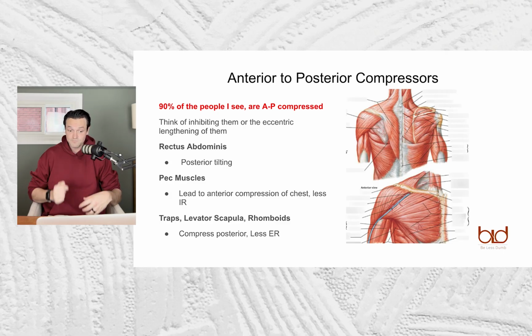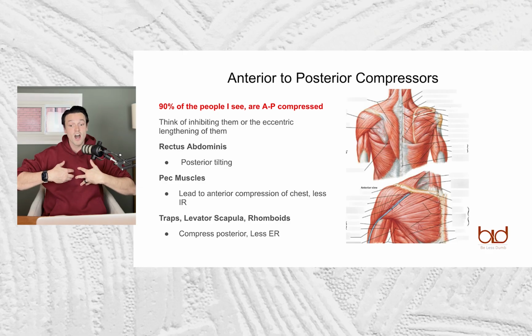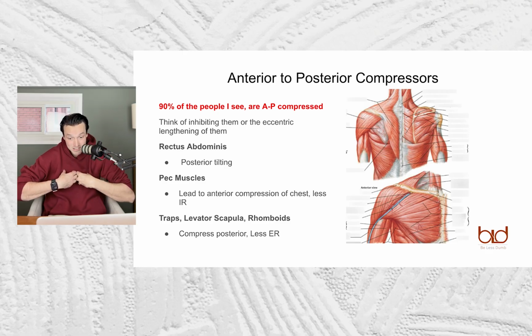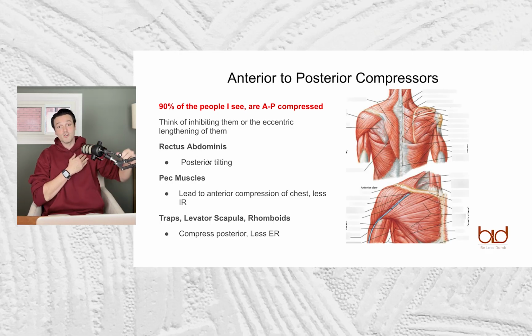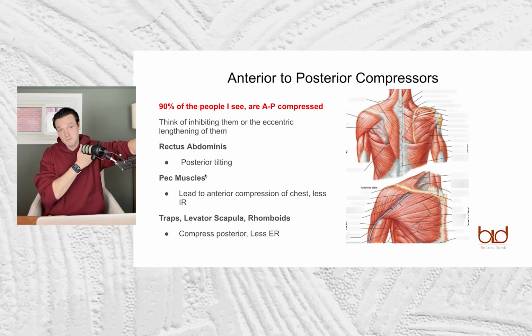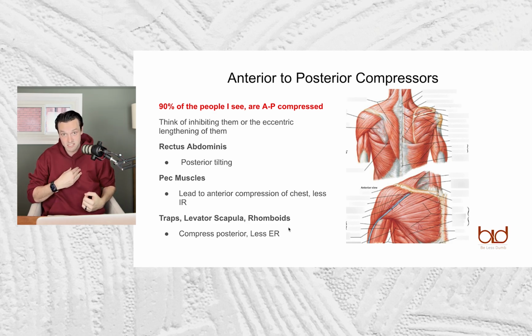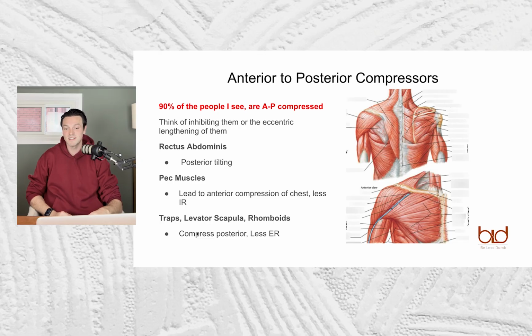Secondly, then, we have our pec muscles that we talked about earlier. Obviously, if they're compressed, they'll lead to anterior compression of our chest, bringing us inwards. And then that will, as we know from this distance between our sternum and our shoulder, if we have a chest that's pulled in, then we're going to lose some internal rotation. So pec muscles, rectus abdominis, more of the internal rotation issues.